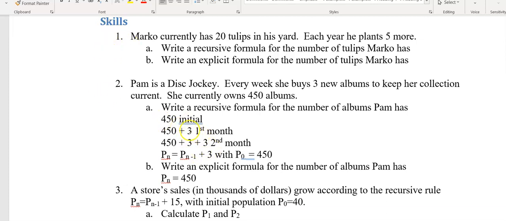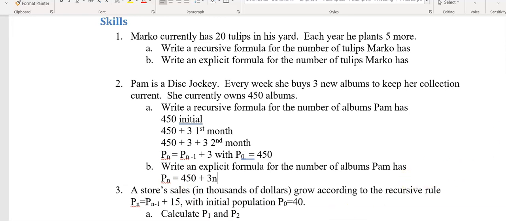So let's notice this is 3 times 1 the first month, 3 times 2 the second month, it'll be 3 times 3 the third month, and so on. So in the nth month, it'll be 3 times n, and that's our explicit formula.